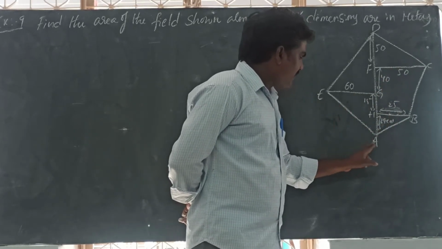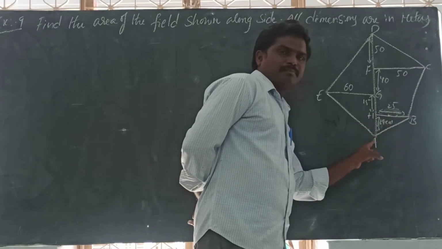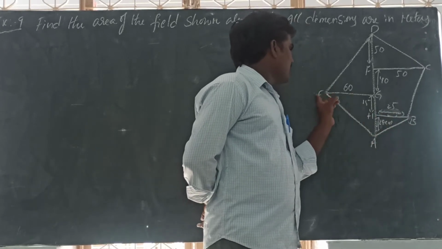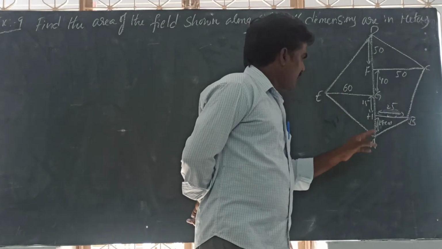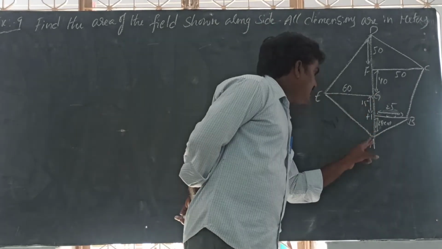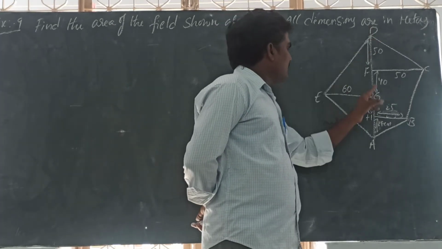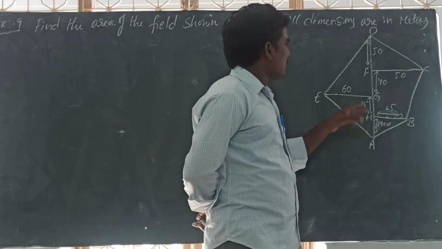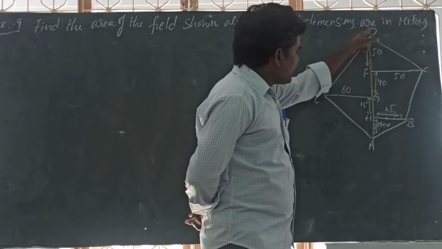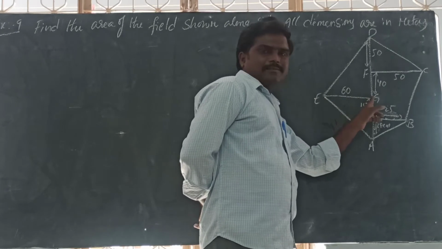Next, area of triangle ABH, it is the base, it is the height. Next, area of triangle EGA: GH plus HA is height, base is GE. Next, area of triangle DGE: here height is DF plus FG, base is EG.